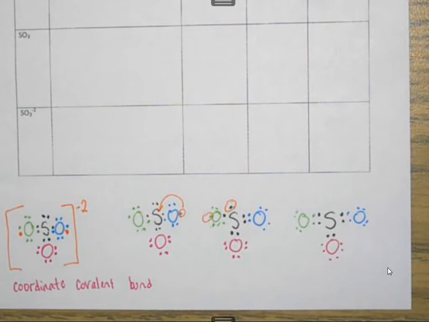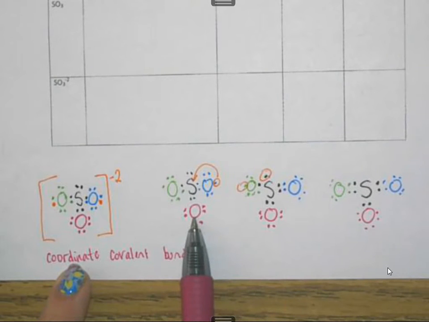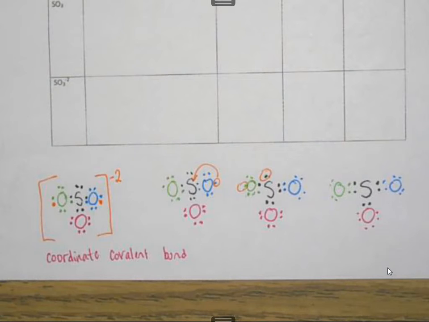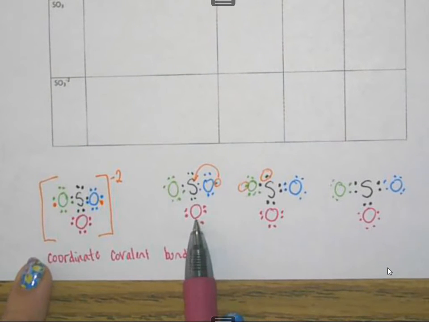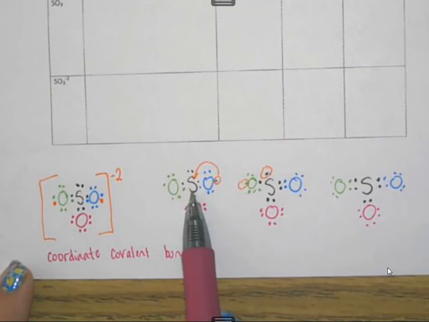Here's my recommendation. When you get to this point, before you start trying to manipulate things and move them all around and make yourself a whole pile of mess, when you reach this point right here and the sulfur, the middle one, becomes happy, do not keep drawing things.